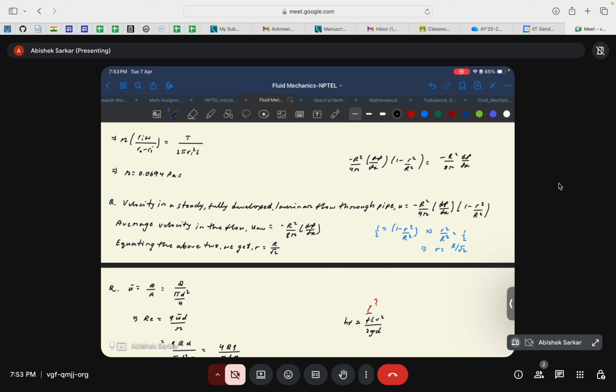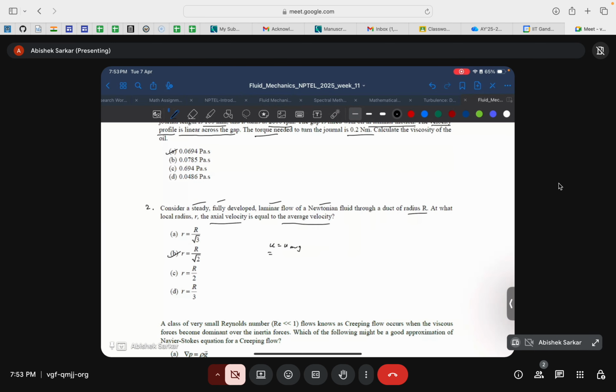You can see that dp by dx is cancelled, this again is cancelled, so we'll have a factor of half. That's why you get half is equal to 1 minus r square by R square, or r square by R square as half, or you'll get r as R divided by square root of 2. So the correct answer would be option B.